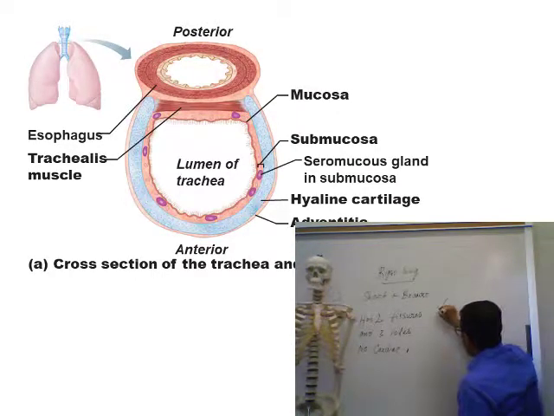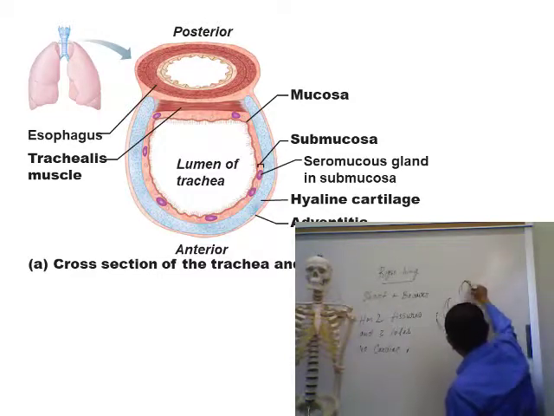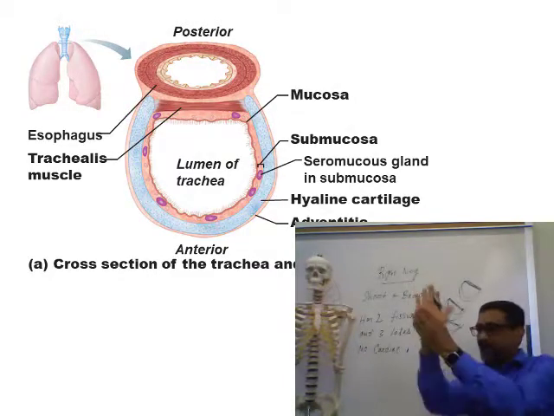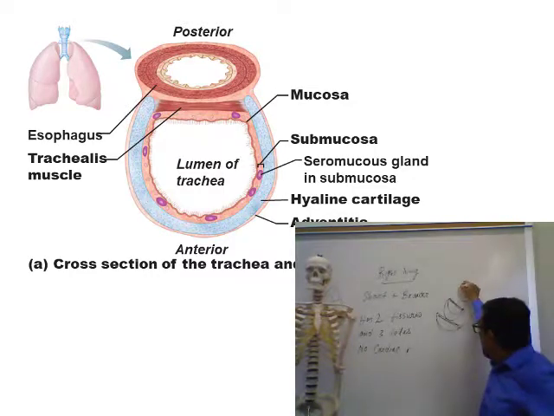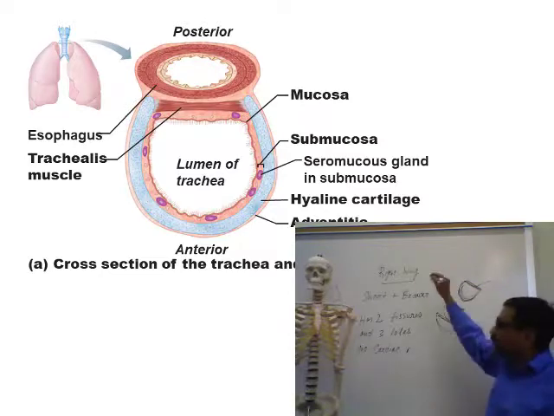These are the cartilages in the trachea, and in the back part you have the muscle. So the posterior part of the trachea is muscle and the front part is cartilage. This is muscle, this is cartilage.